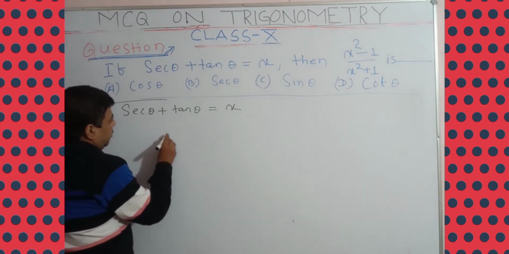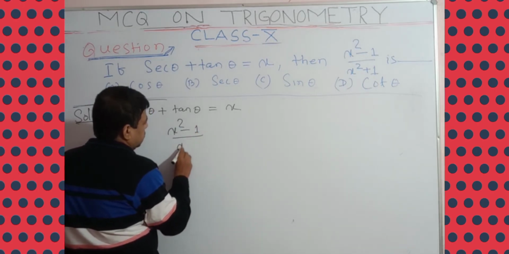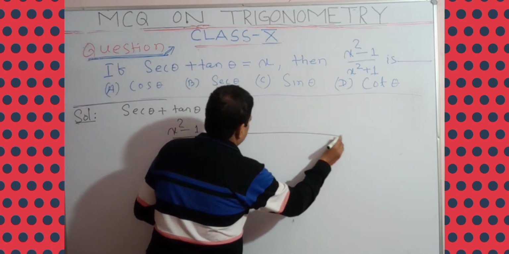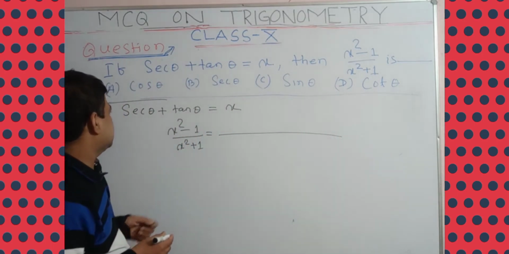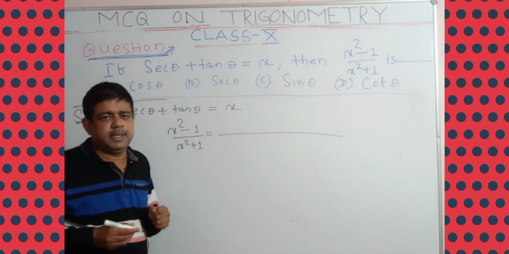Now you have to find out (x square minus 1) divided by (x square plus 1). Now you can use the value of x. In place of x you can write sec theta plus tan theta. Yes or no?